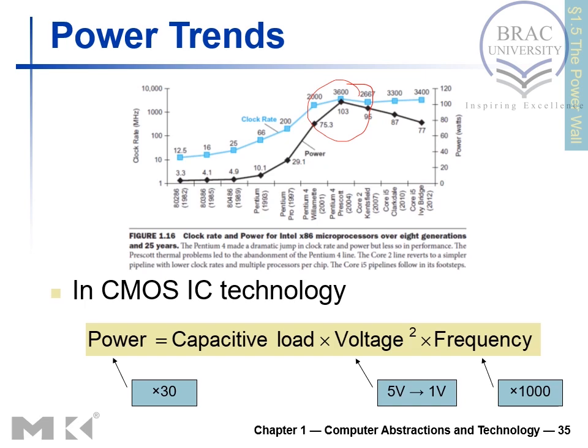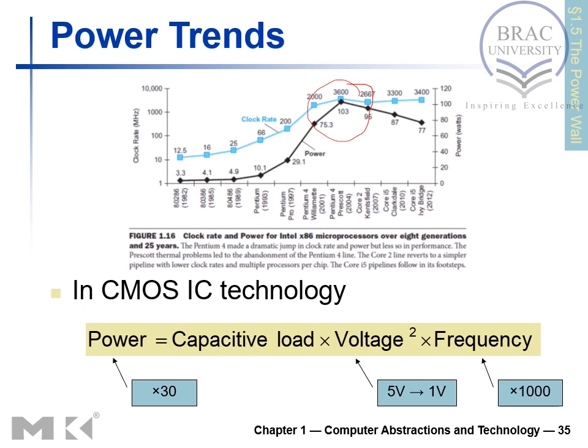This is because we cannot use more power, since it is going to generate heat, and we do not have a heat sink that can absorb more heat if we go beyond this line.